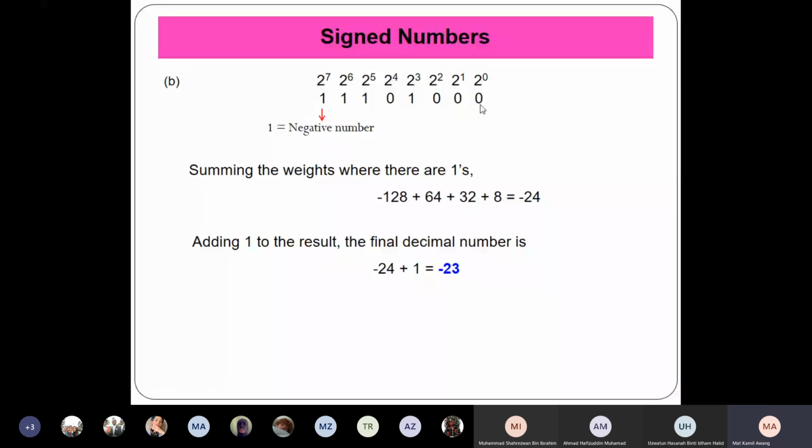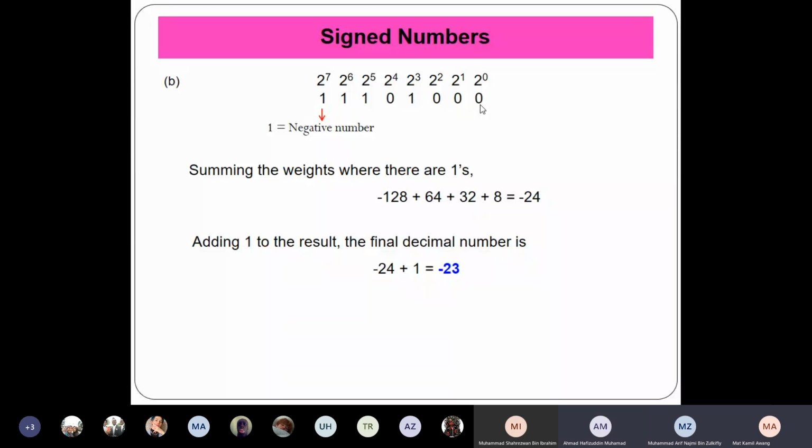Right? Try. So you have 1, 1, 1, 0, 1, 0, 0, 0. And the sign 1 you discard. And you are left with 1, 1, 0, 1, 0, 0, 0. And you take one's complement. So one's complement is 0, 0, 1, 0, 1, 1, 1. And convert this into decimal. So you get 1 plus 2 plus 4 plus 16, right? Right?